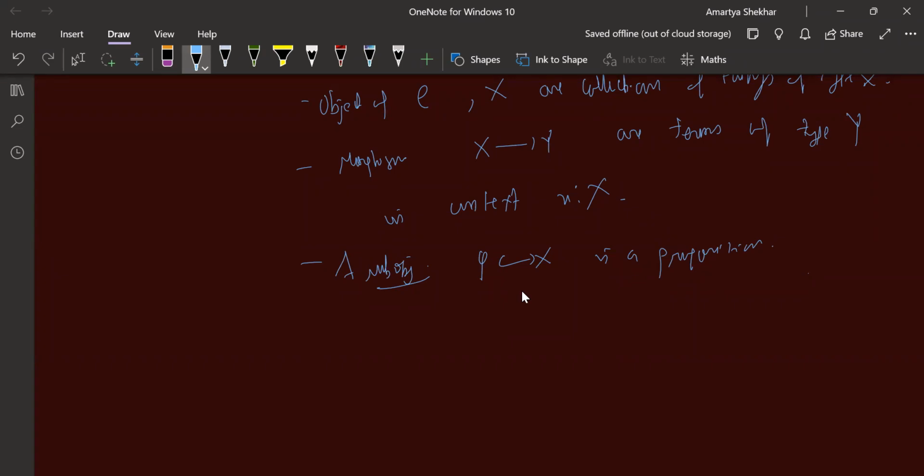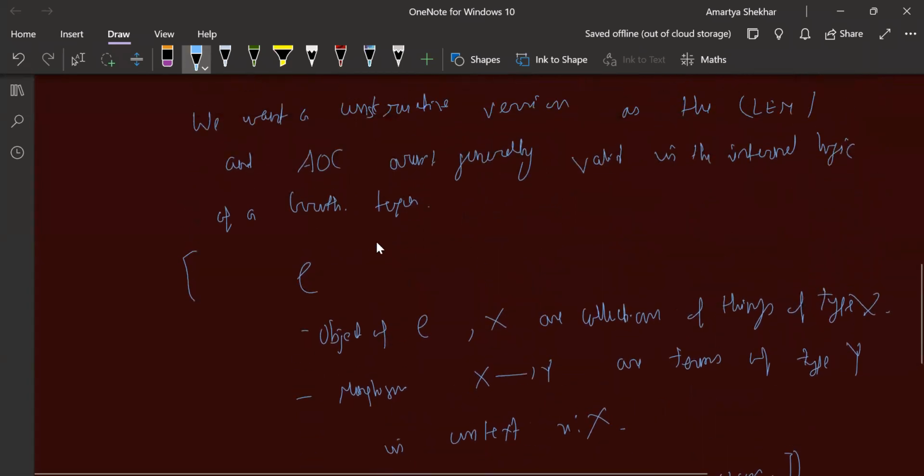And the logical operations, like implication, are implemented by universal constructions as sub-objects, and a few other details as well. So this is the basic idea. This is what I mean when I say C gives us the internal logic of some theory.